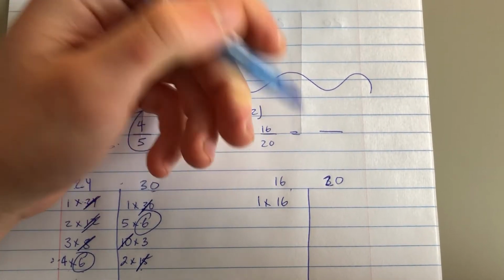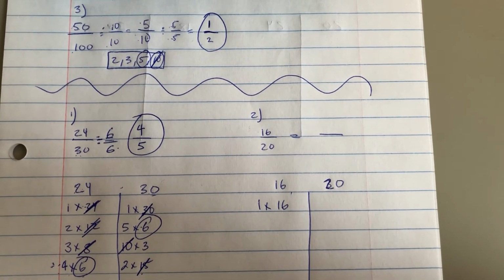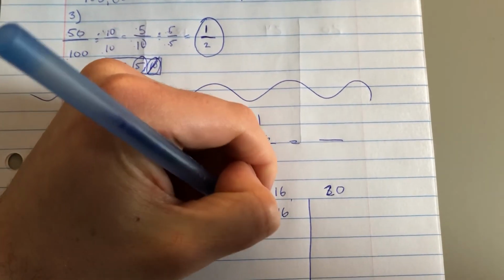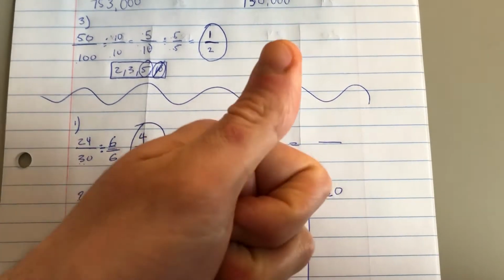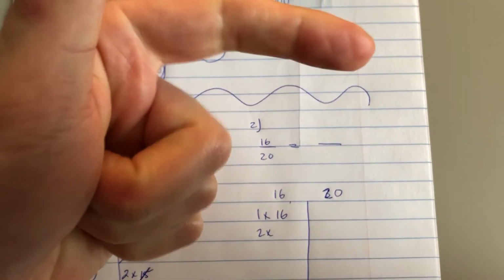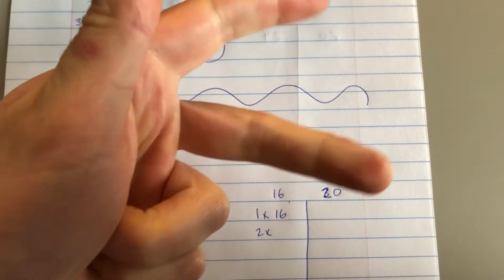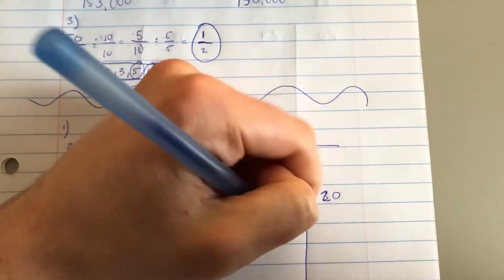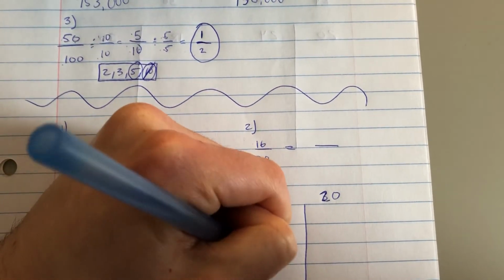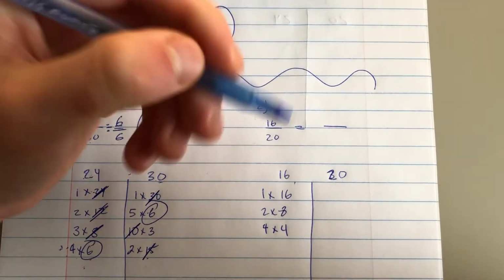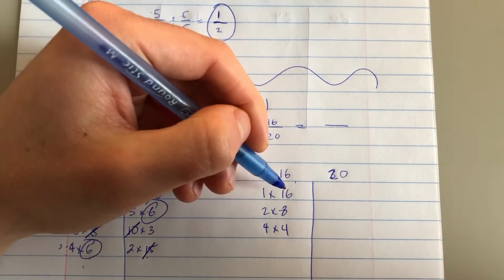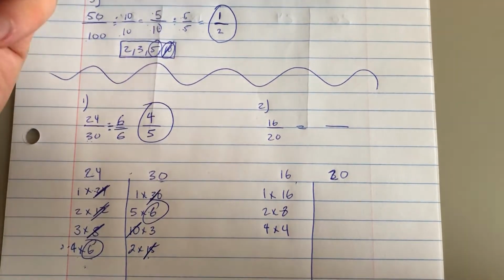I also know that 16 is divisible by 2. And I'm going to roll my 2s until I figure out what times 2 equals 16. 2, 4, 6, 8, 10, 12, 14, 16, 5, 6, 7, 8. 2 times 8 equals 16. I also know that 4 times 4 equals 16. Those are my factor pairs for 16: 1 times 16, 2 times 8, and 4 times 4.